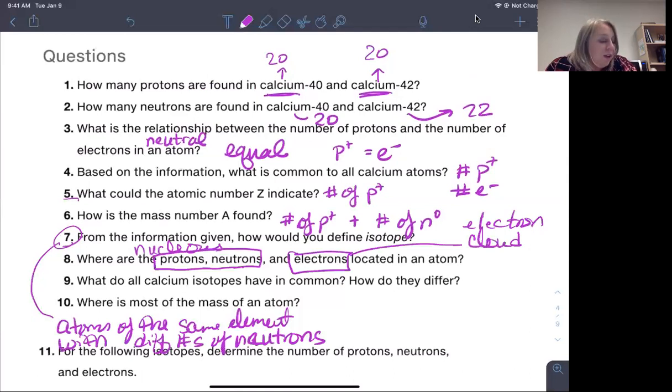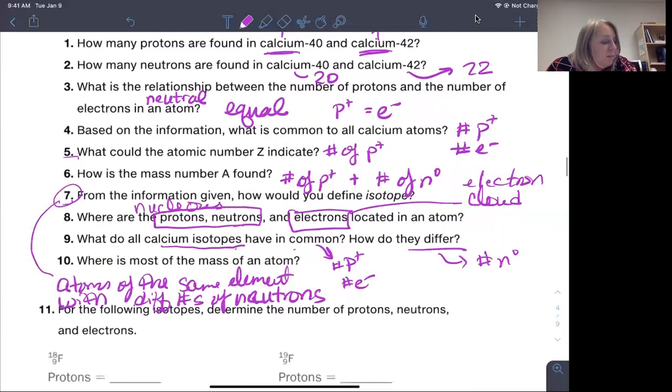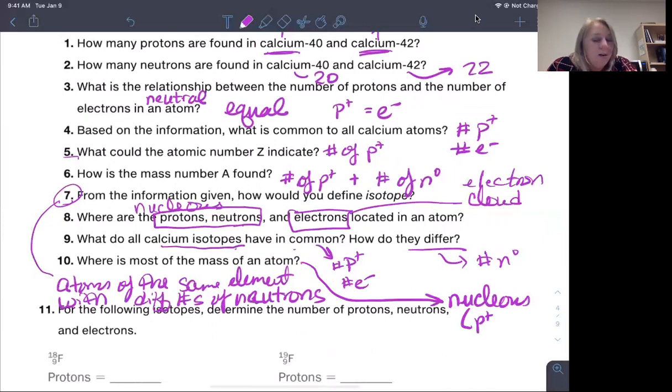Well, just like a calcium atom from number 4, all calcium isotopes have the same number of protons and number of electrons. How do they differ? They differ in the number of neutrons, right? So where's the mass of the atom? Well, the greatest mass of the atom is in the nucleus, right? Because that's where the protons and the neutrons are. Remember, electrons don't have very much mass at all.